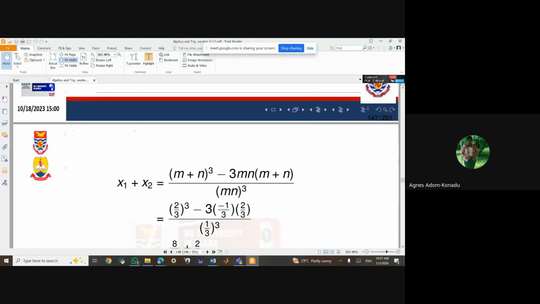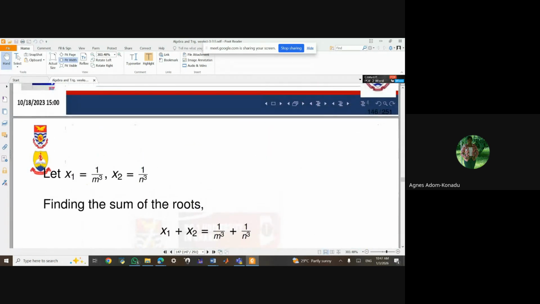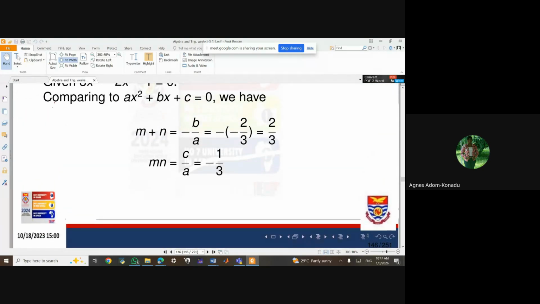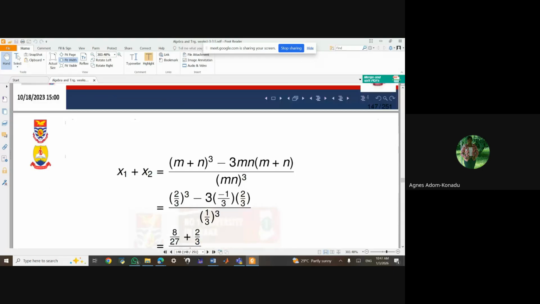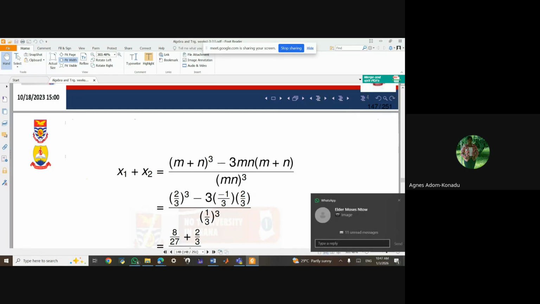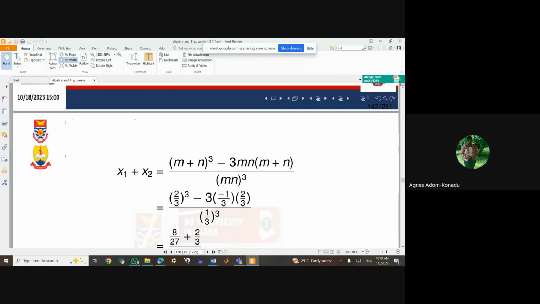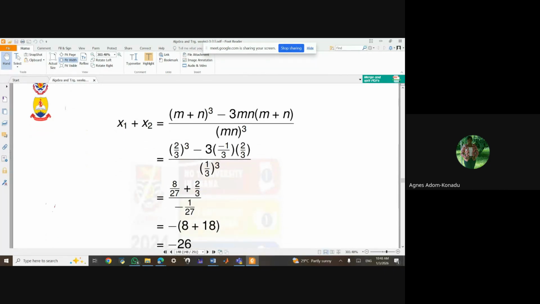Now I know the value for m plus n, which I got from here. It's 2 on 3. And then mn is negative 1 on 3. So I do the substitution. This is (2 on 3) cube minus 3 into brackets minus 1 on 3, times 2 on 3, all divided by minus 1 on 3 cube.